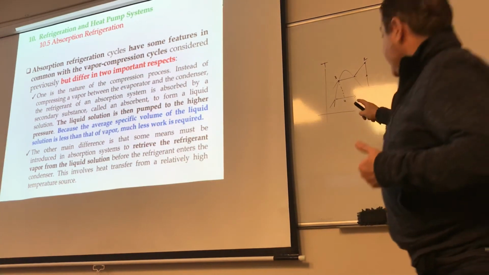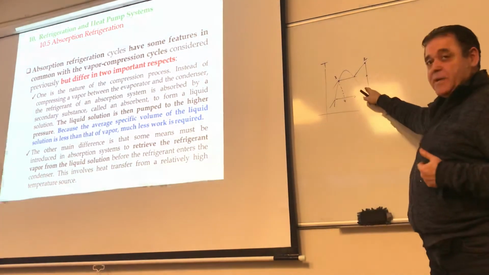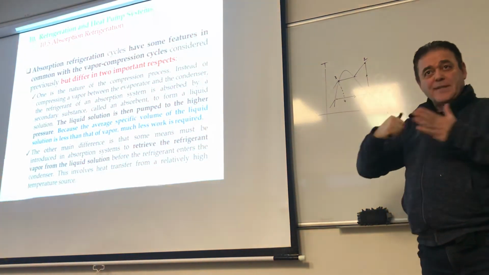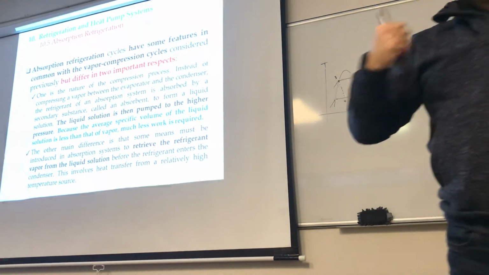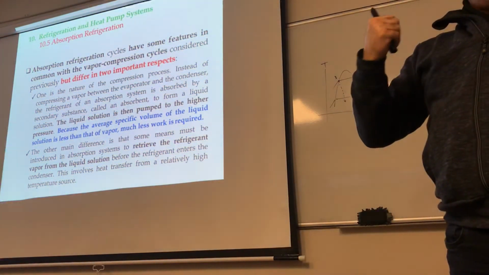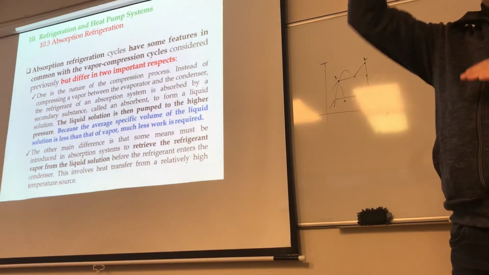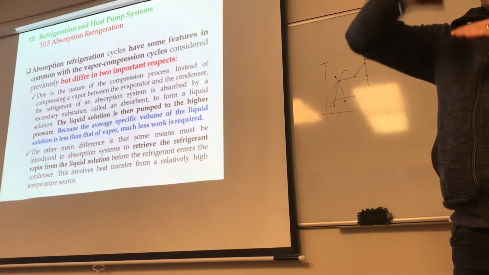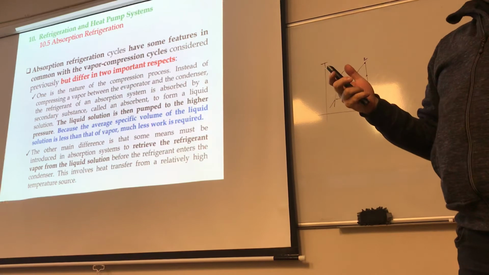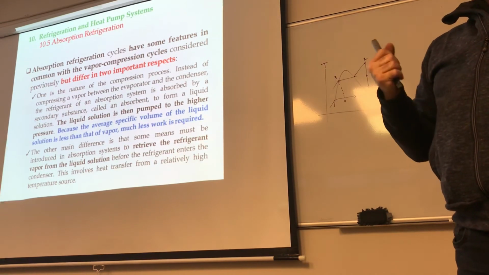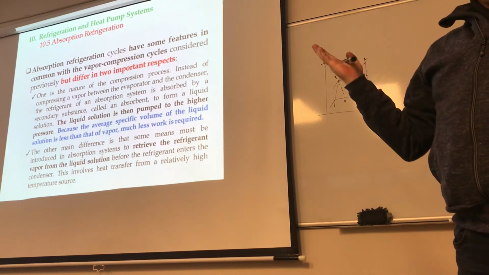So it's really in the nature of the substance, because when you compress a gas, it's a lot of work that you need to be doing, because remember the integral of P dV, even if you're going between the two extreme pressures, the low and the high, a gas will tend to have a higher V than a liquid.